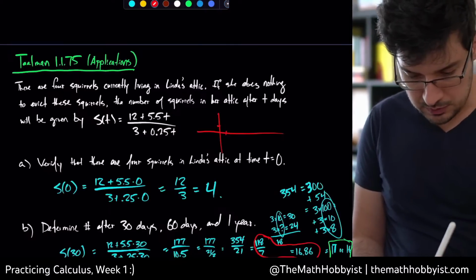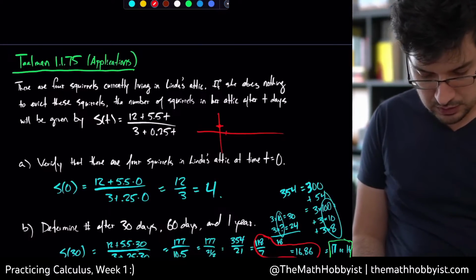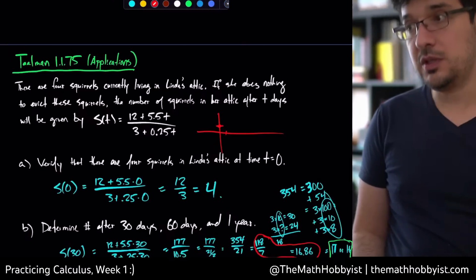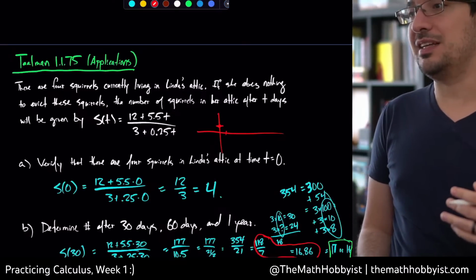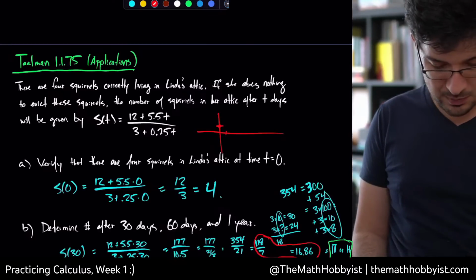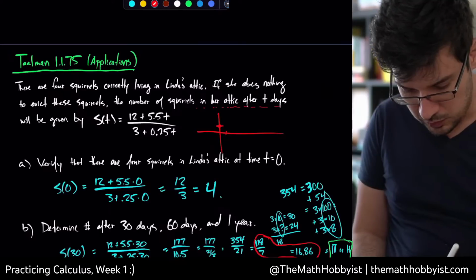Times 0, like what would it be? It's going to look something like this. Prove it? Yeah, we'll get to the proof in a second. The proof is way more interesting. We've got 22 squirrels at max.